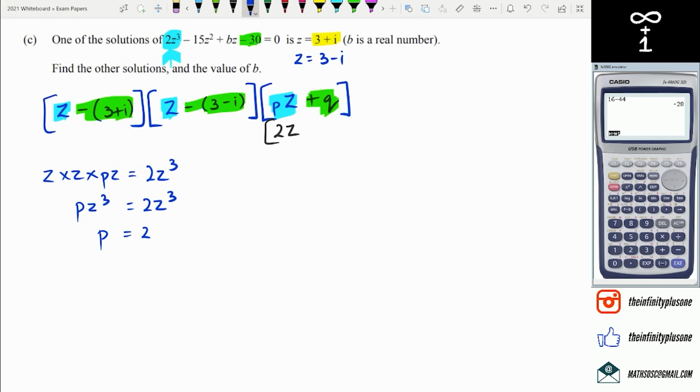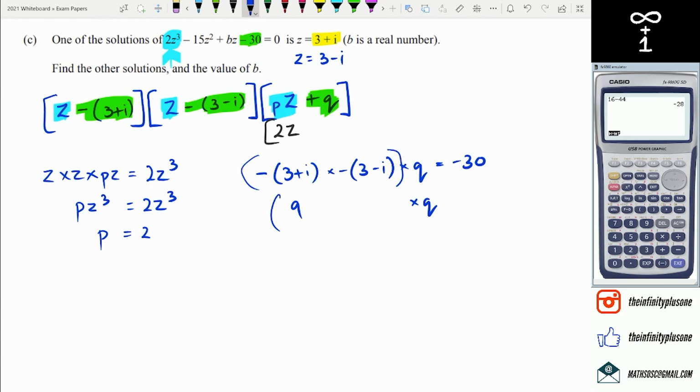So here I've got negative 3 plus i multiplied by negative 3 minus i multiplied by q equals minus 30. So the two negatives disappear. I've got 3 times 3, which is 9. I'm just going to leave that q out there for now, and do this part here first.